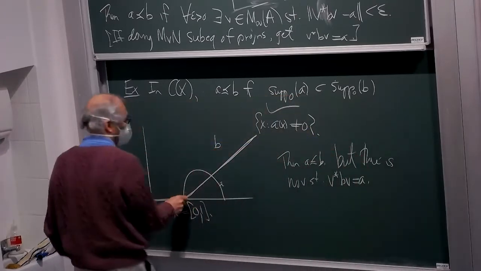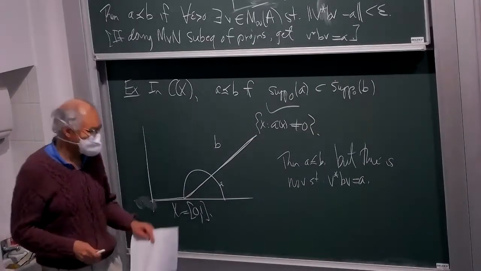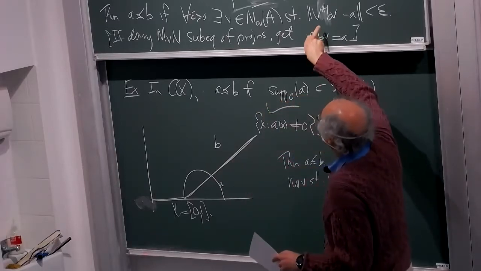You get in trouble here. It would have to be unbounded. So that's the reason for this more complicated version.